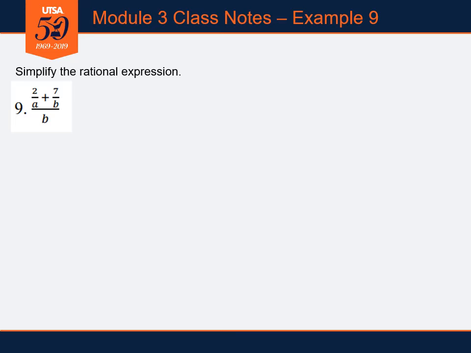Look at all of the denominators in all of the smaller fractions, all the fractions that are within fractions. In this case, we've got a denominator of a and a denominator of b. That leads us to identifying an LCD of a times b. So our LCD is ab.